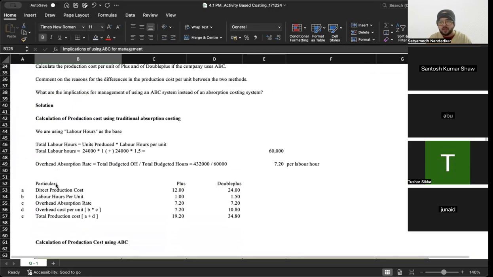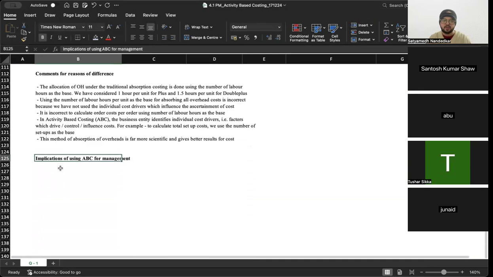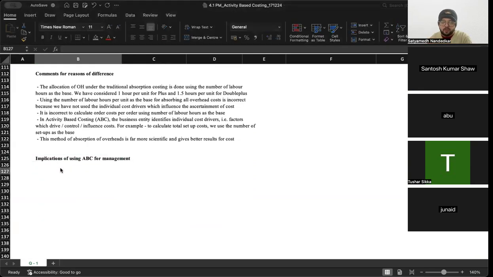See, when you use an activity-based costing system instead of a traditional absorption costing system, the cost per unit that you get will be a more accurate measure of cost. So, based on this, if you're doing pricing, which is cost plus pricing, then the pricing will be more scientific. Then decision making also will be improved greatly.